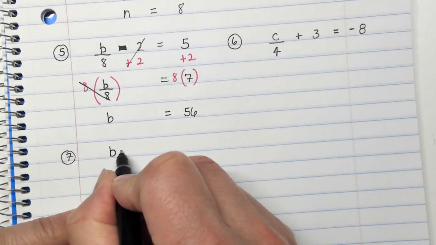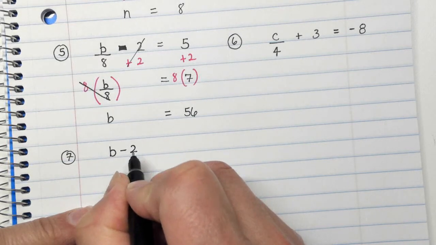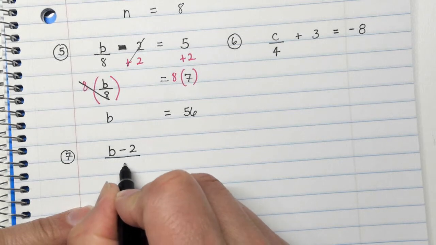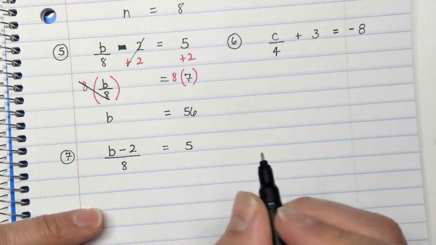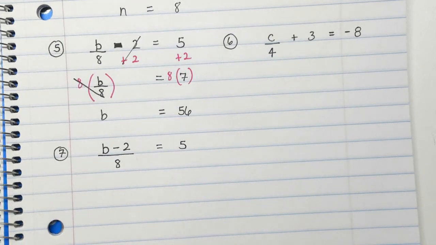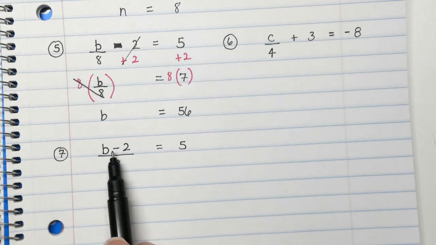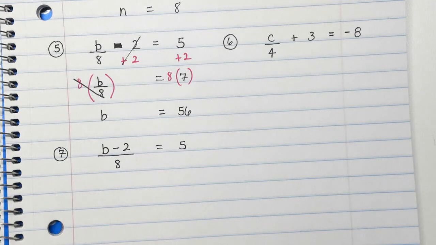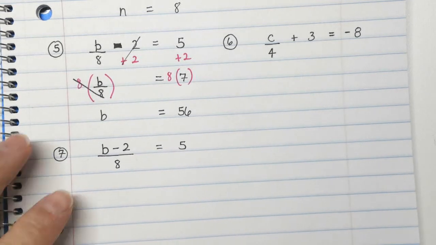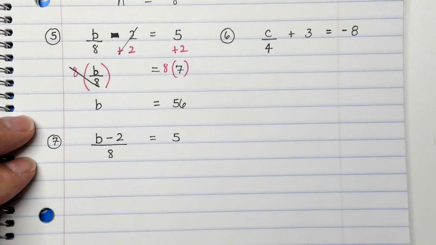B minus 2 divided by 8 equals 5. Totally different. Let me say it again. B minus 2 divided by 8. The last thing I said was divided by 8. You have to do the opposite of the last thing you said.